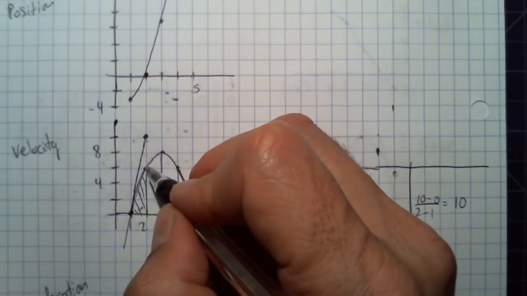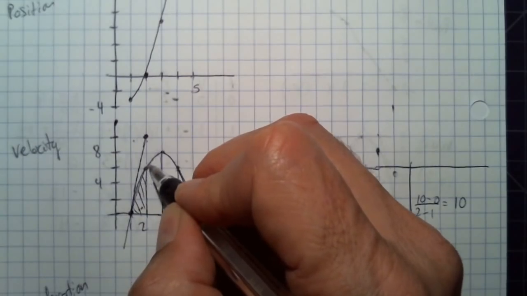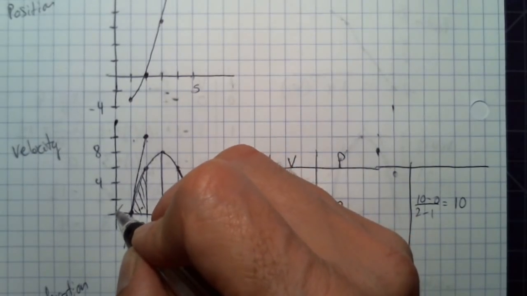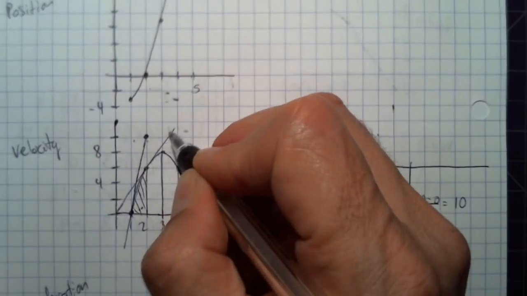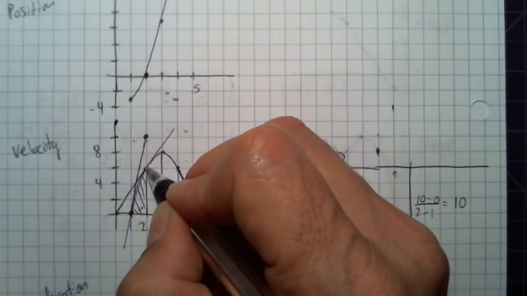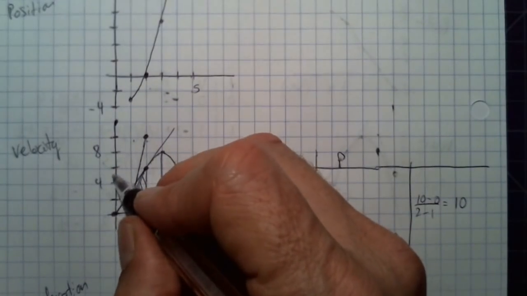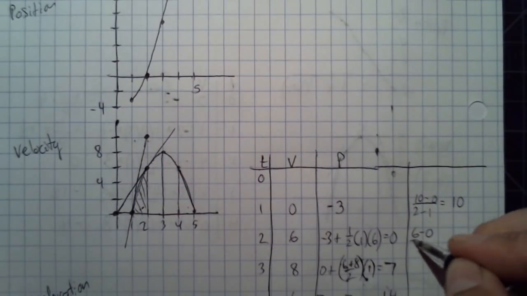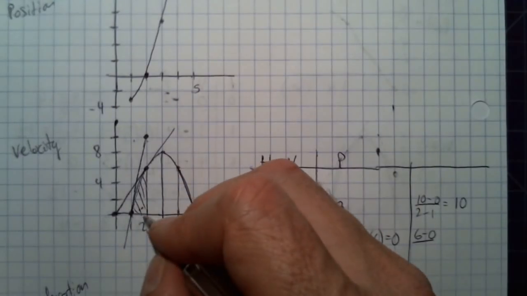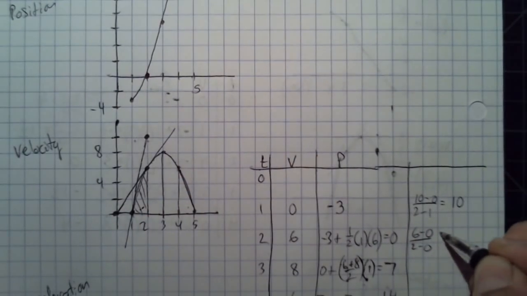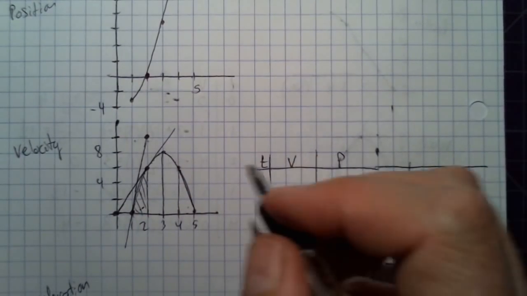Then we'll estimate the slope here. It looks like this might go through the origin. We can estimate that slope using this point and the origin. So that's going to be 6 minus 0 over 2 minus 0. 3.